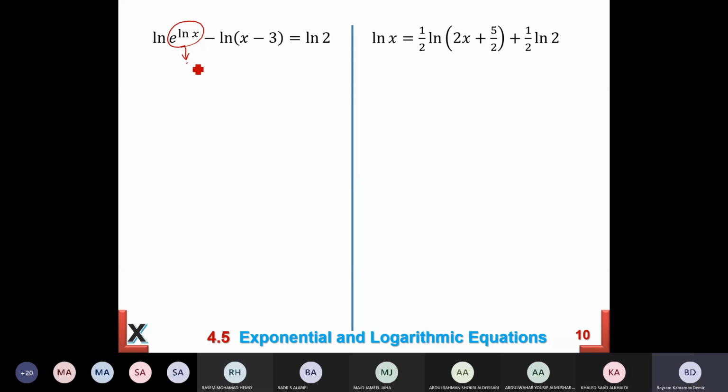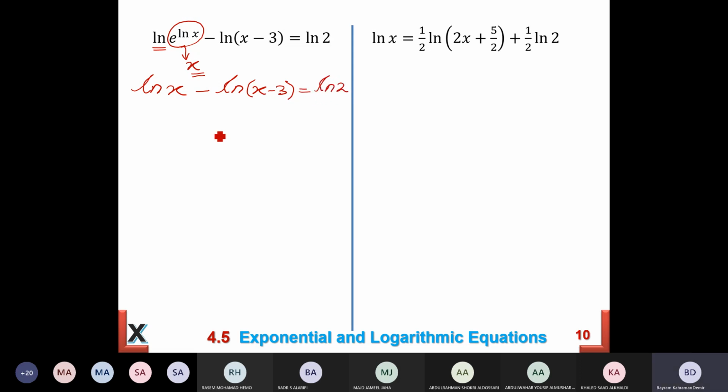Yes, this is x, Shabab. e to the ln x is x. So basically, it is ln x, right? So ln x minus ln of x minus 3 is equal to ln of 2.